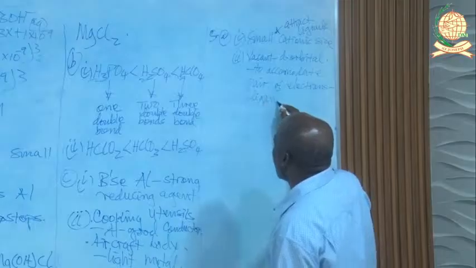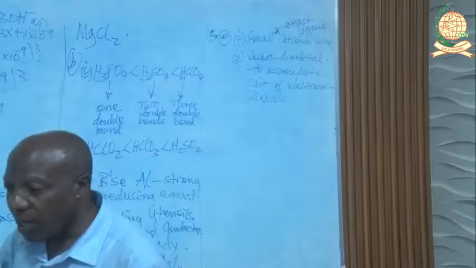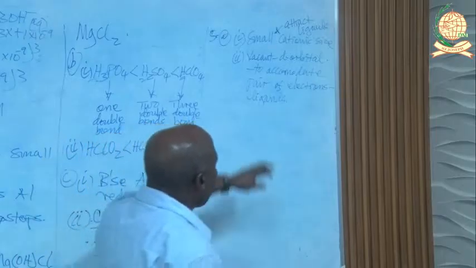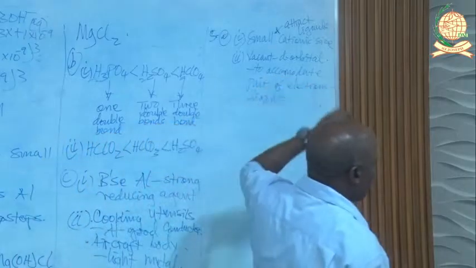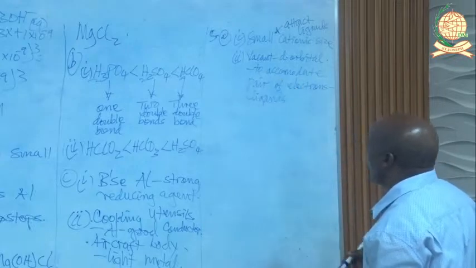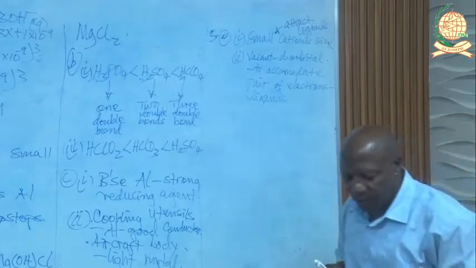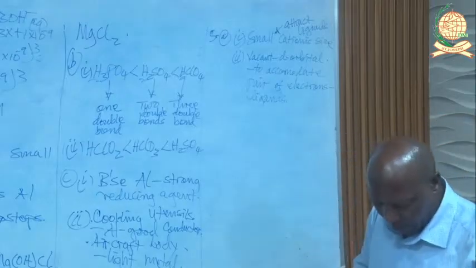So these are two features which enable transition element ions to form complexes. They are small cationic size, which attracts the ligands, and also vacant d orbitals that can accommodate a pair of electrons from ligands.